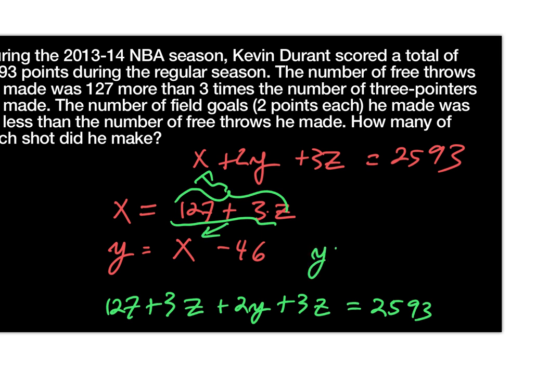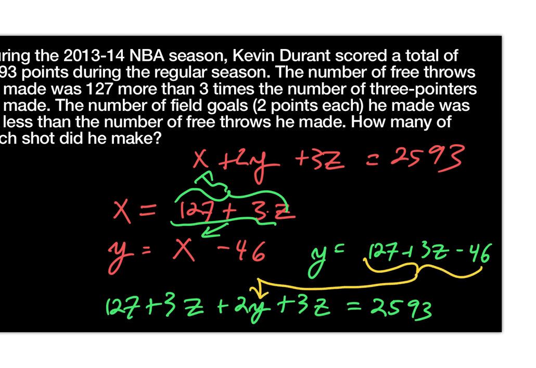So I will have y equals 127 plus 3z minus 46. And then I will take this equation for y and put it right there. This y will be replaced with this, which only has a z. That's a z, and that's a number.